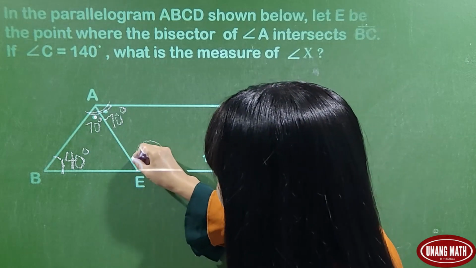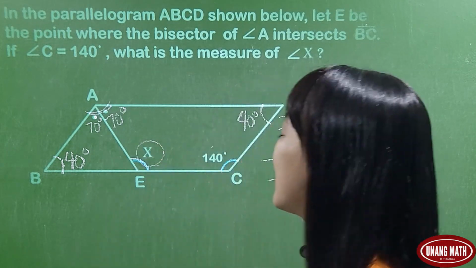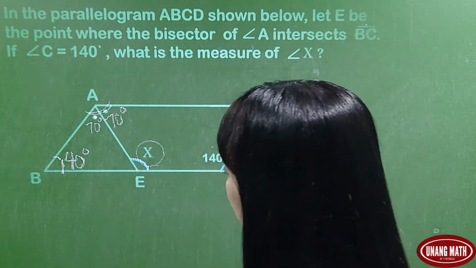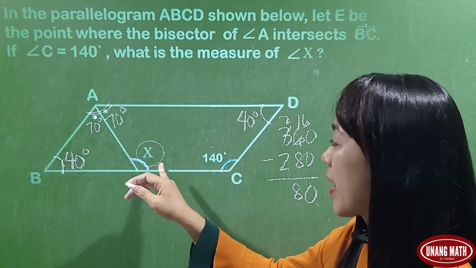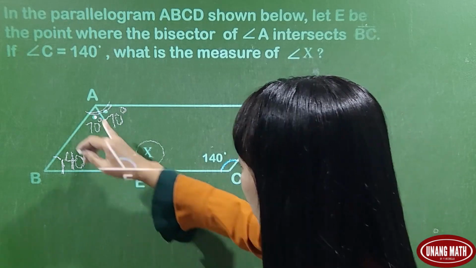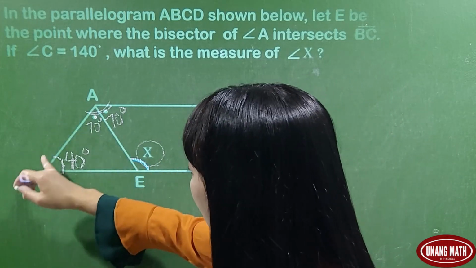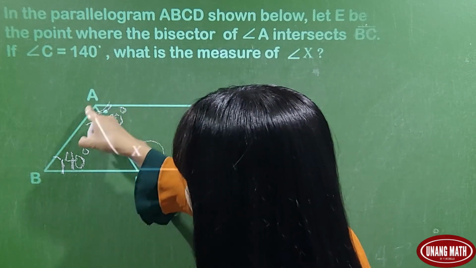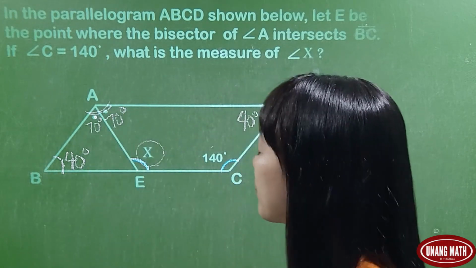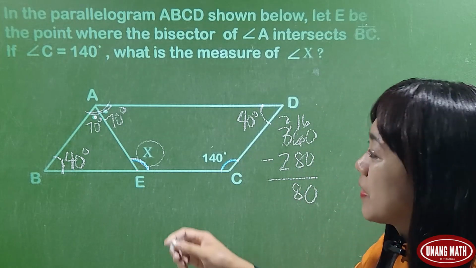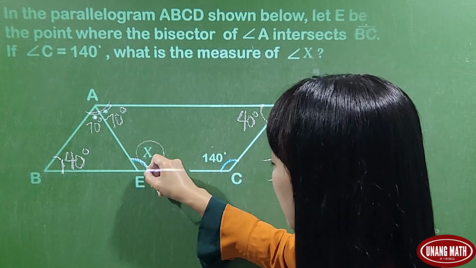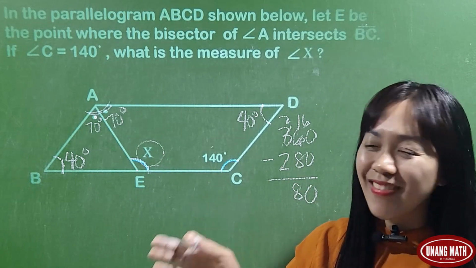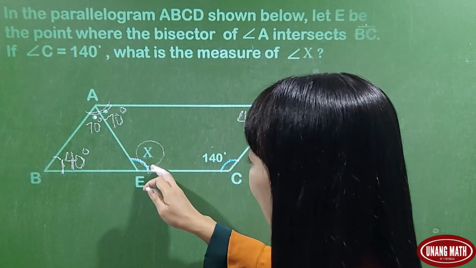To find this angle X, this is actually an exterior angle of this triangle ABE. To find the measure of an exterior angle, we have to get the sum of the two non-adjacent angles.